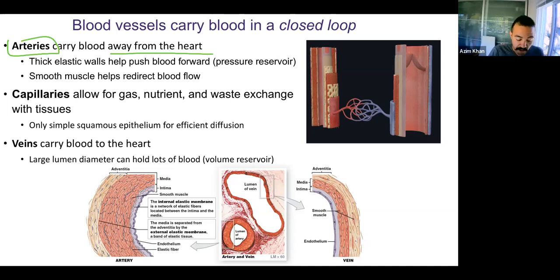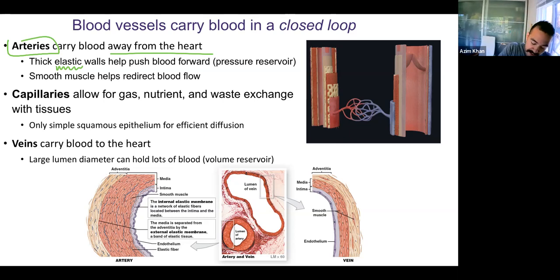A key feature of arteries is that they have very thick elastic walls. Because arteries are carrying blood away from the heart just squeezed, you have high pressure blood exiting to the arteries. That high pressure blood is going to cause the blood vessel to expand. There's a lot of pressure on them. So not only do we want it to expand, but we also want it to go back to its original size. Just like a rubber band snapping back, it's going to be elastic and then push back.